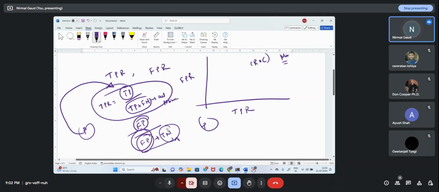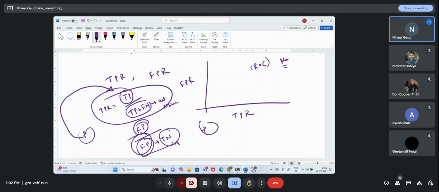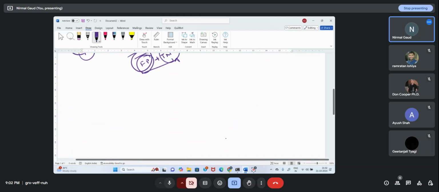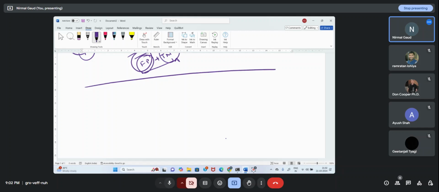I need to find the rate between them. That is called the receiver operating characteristic. Again, understand, we are still evaluating our model, and we are looking at how our model is performing over the data.